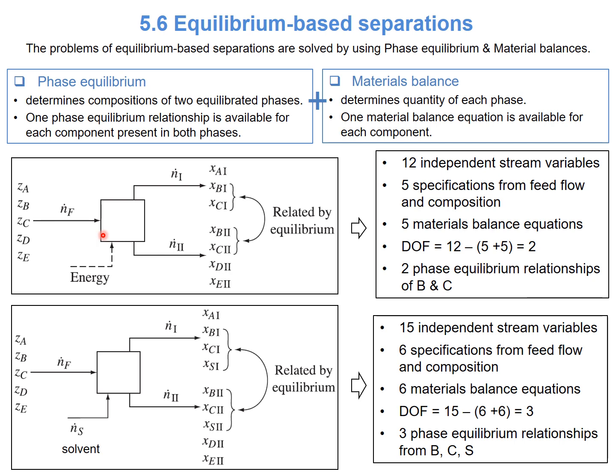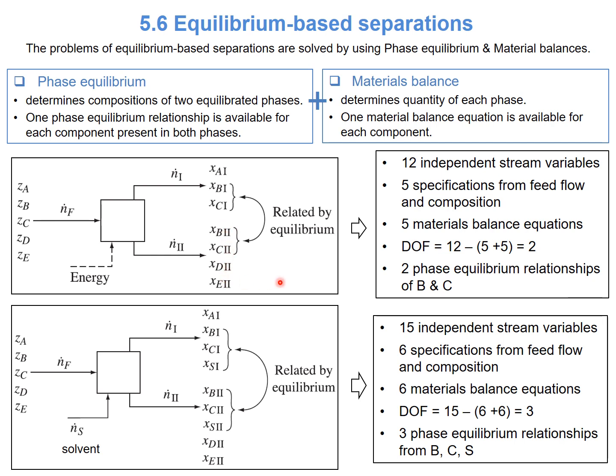Then we could separate some components in the feedstock from the other parts of the feedstock. In this case, we have two output streams. In the first one we have ABC, and in the second one we have BCDE.